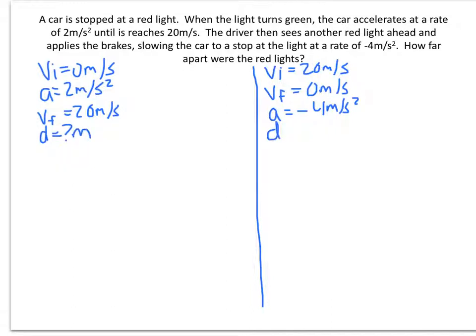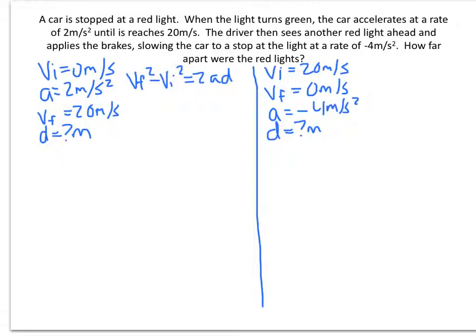I'm going to add them together later on. So let's look at the formula that I need. I have final velocity, initial velocity, acceleration, displacement. I don't have time, so I'm using Vf squared minus Vi squared equals 2AD for both of these.